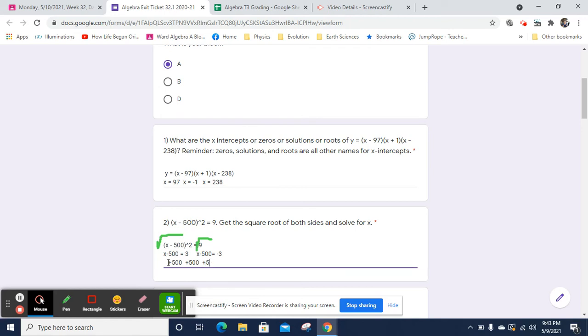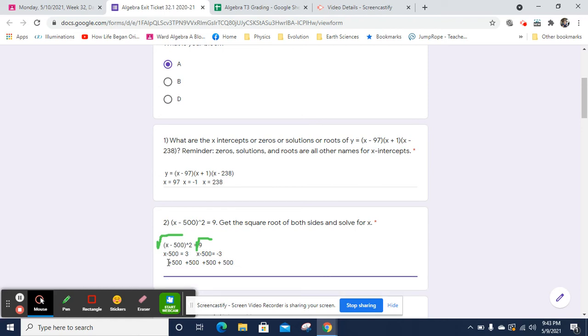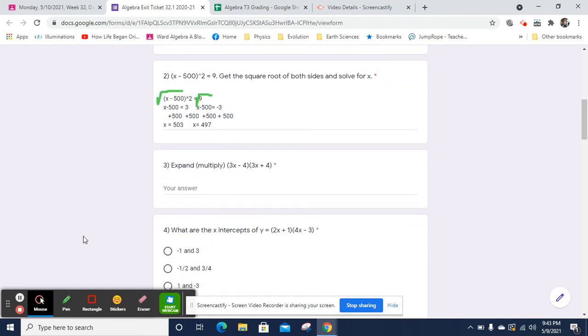So I end up with x equals 500 plus 3, which will be 503. And I also end up with x equals negative 3 plus 500, which will be 497. And I've solved it. Easy peasy, lemon squeezy.